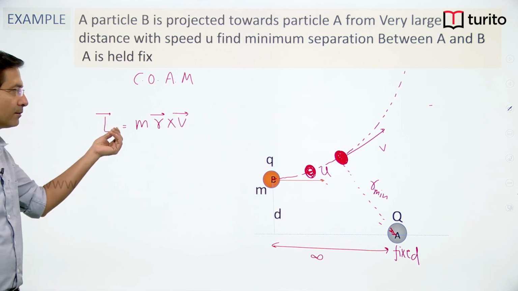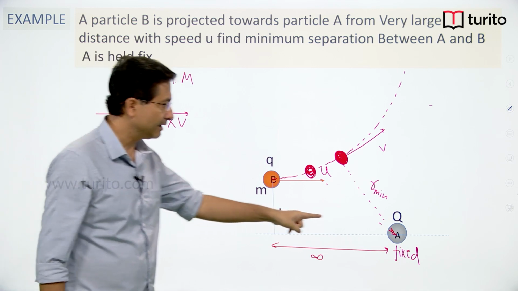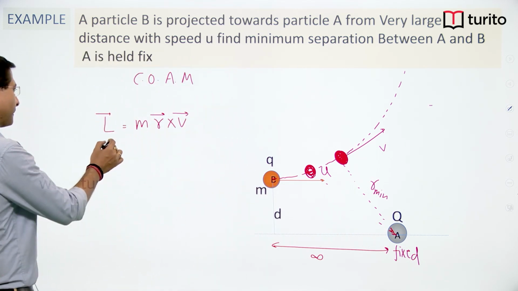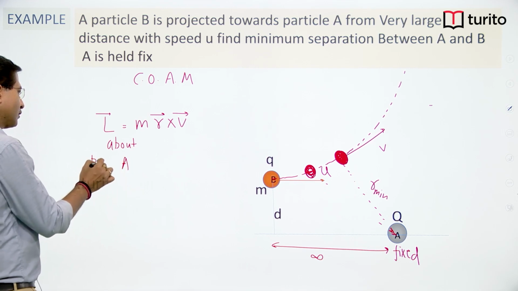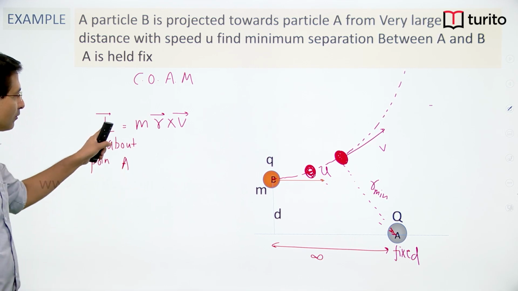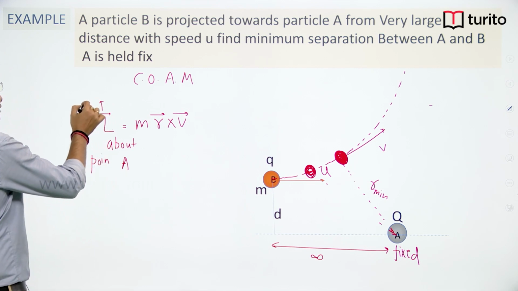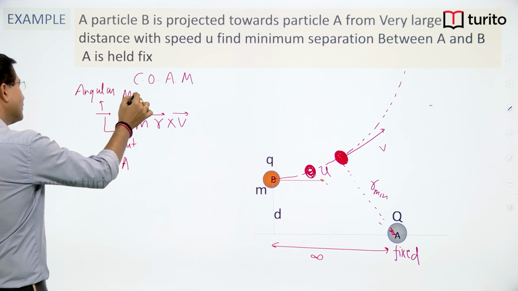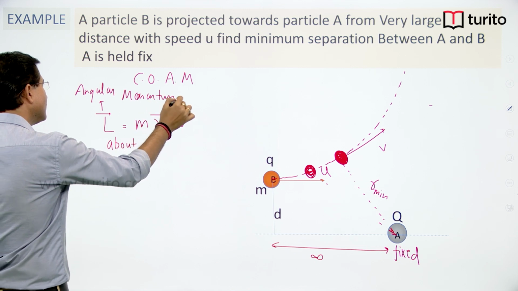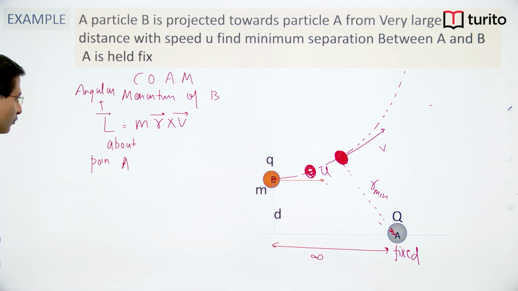This is always written about a point, so in this situation it is about A. So, this is the angular momentum of B about point A, right.